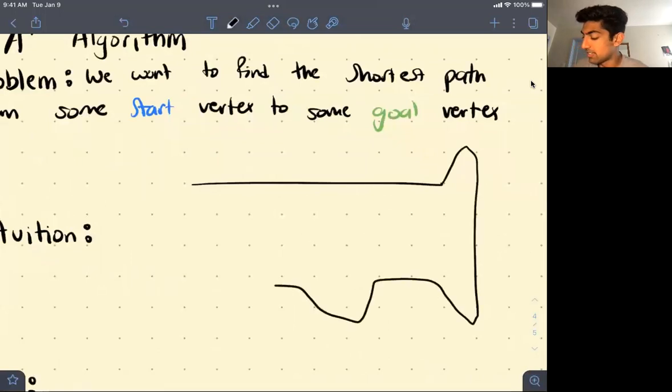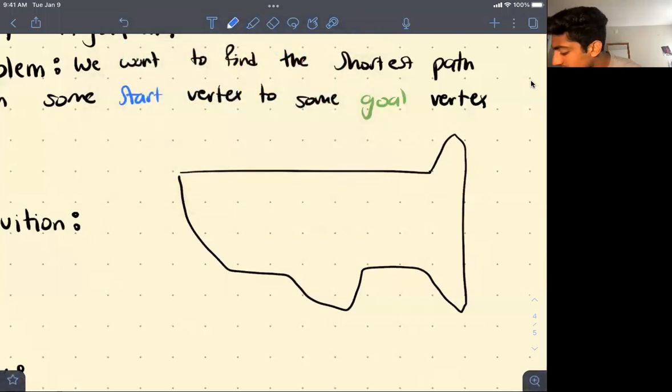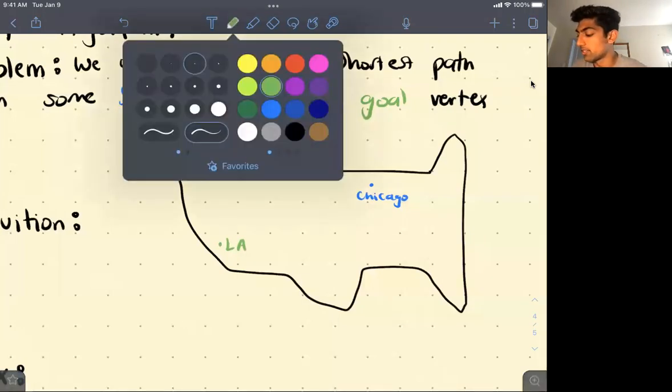So we have, there we go, the US map right here. And let's say that we're trying to get from Chicago to LA.